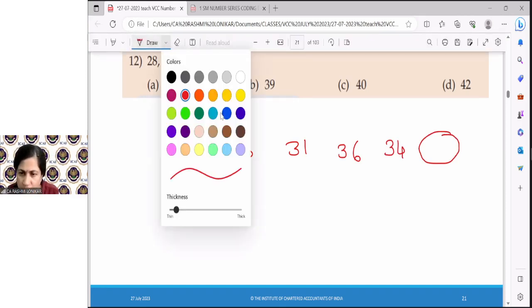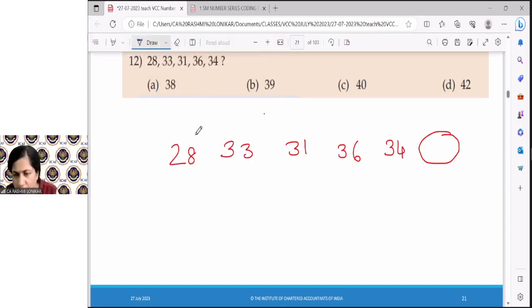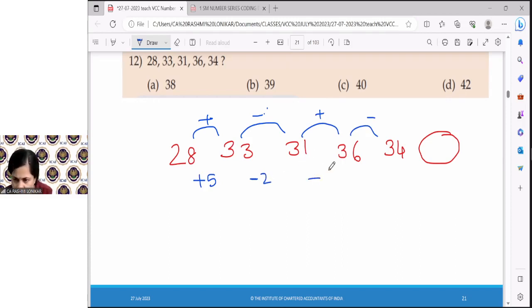Now in this question, you will notice here there is an increase, and after that there is a decrease. Again an increase, again a decrease. How much is this increase? This is plus 5. How much is this decrease? Minus 2. This increase plus 5. 31 plus 5 gives me 36.